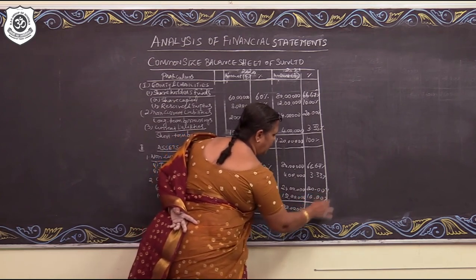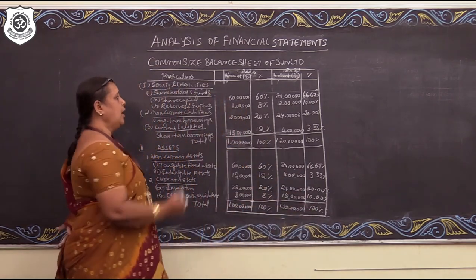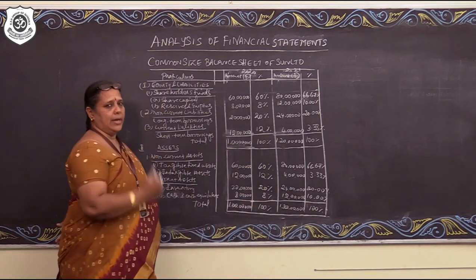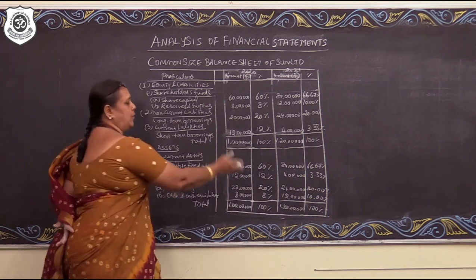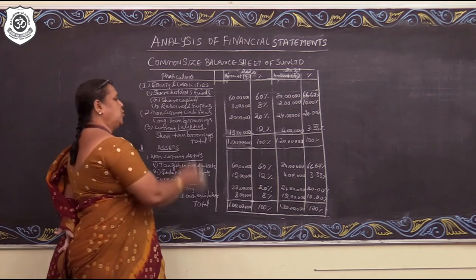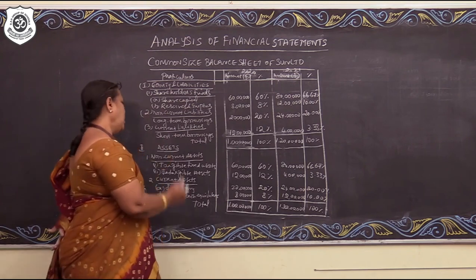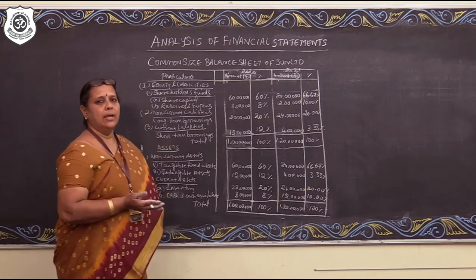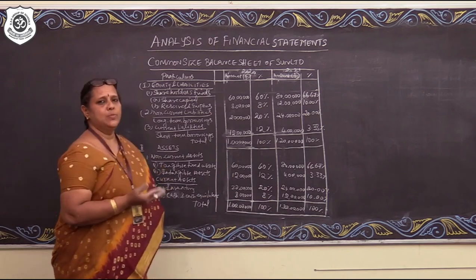So the total of the balance sheet is taken as 100%. So we can say that total fixed asset for the current year constitute 66.67% of the total of the balance sheet. Non-current asset constitute 3.33% of the total of the balance sheet. That way for inventories and cash equivalents. This is how we will be preparing the common size balance sheet.